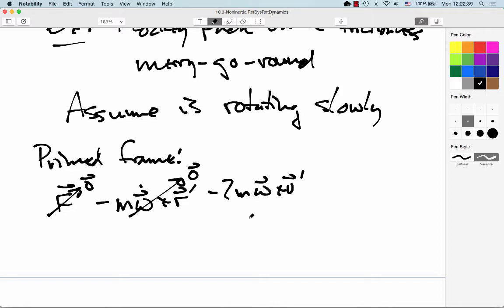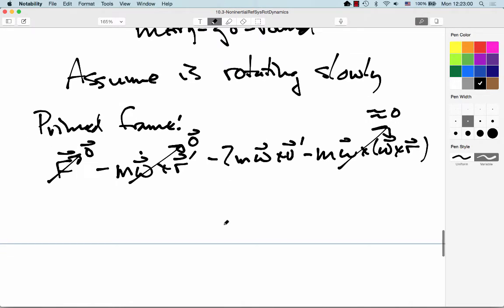Yeah, the Coriolis force is going to matter, but the centrifugal force we're going to kind of wish away. So minus m omega cross omega cross r. We're going to say this is approximately 0 because since omega is already small, omega squared will be really small.